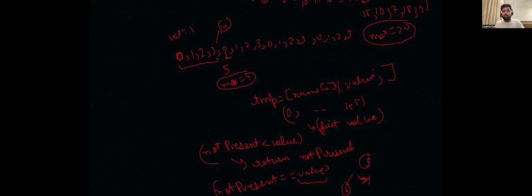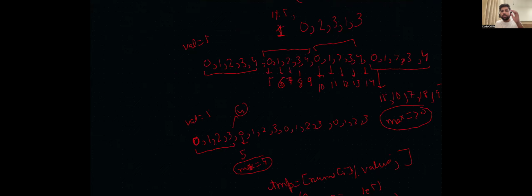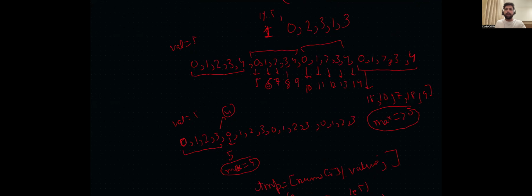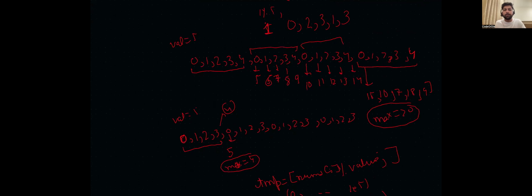So 0, 1, 2, 3, 4, 0, 1, 2, 3, 4. So the first not present value will be 5 maximum. It cannot go to 6. When you reach 5, you will just say, yeah, this is not present, and this will be your first not present element.